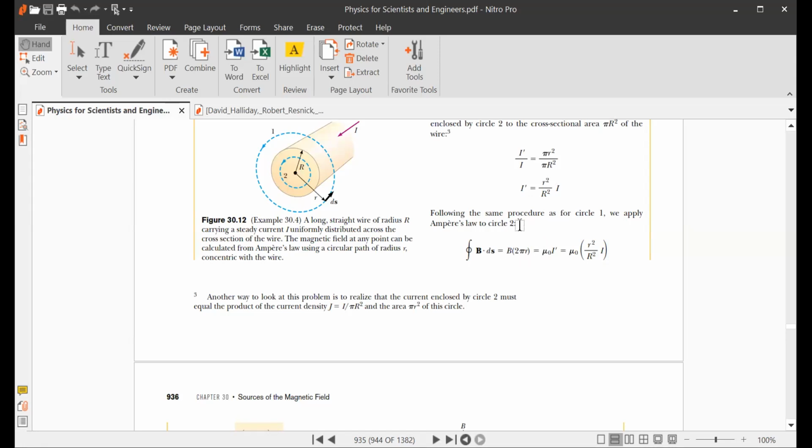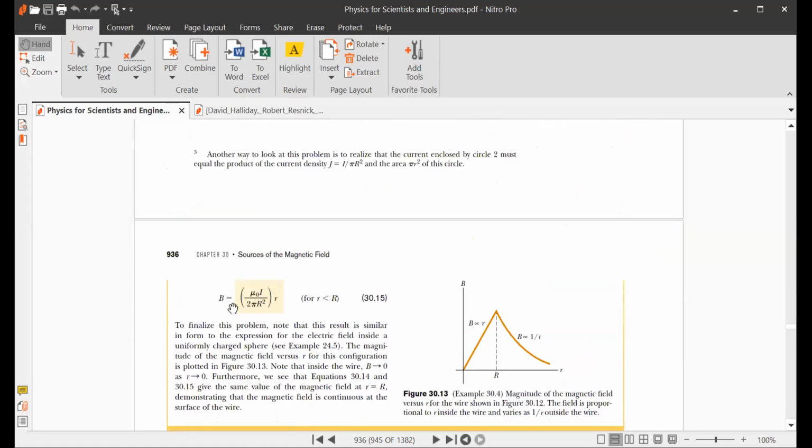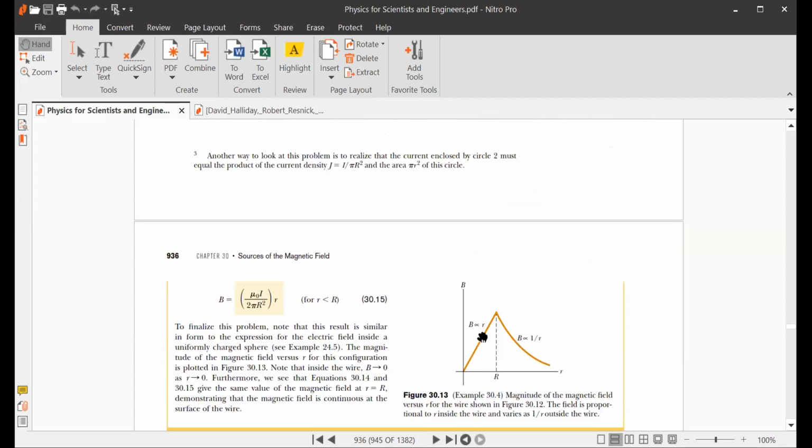From the left-hand side, we have B times 2 pi r, and for r less than capital R, we get this formula. If we draw B against r, we get this picture.